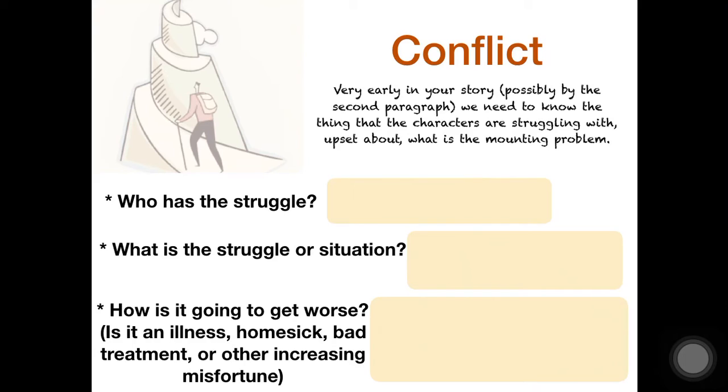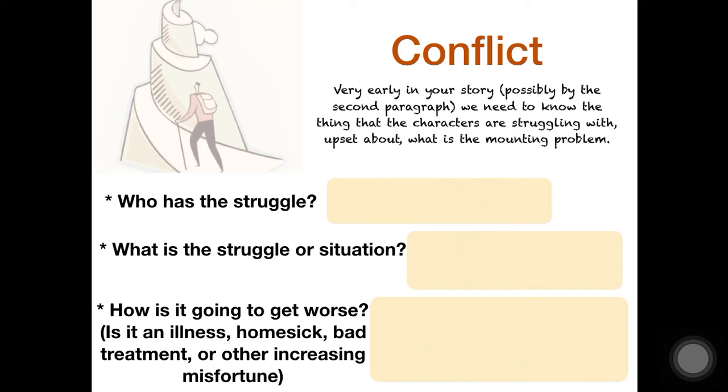So if the struggle, let's say, is that you chose the time period of slavery in America, and you're writing about a black teenager who has escaped from his plantation, and he is trying to get to the north where he's going to be free.